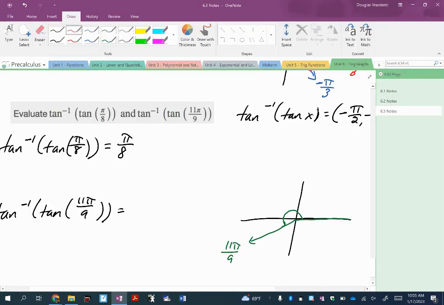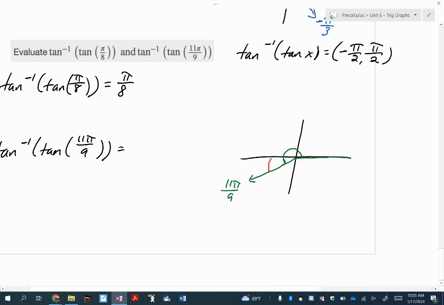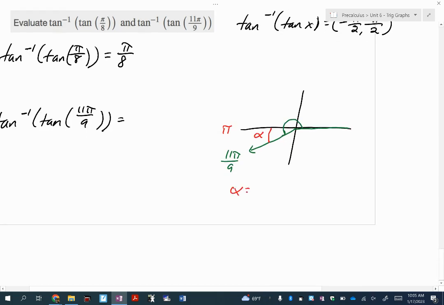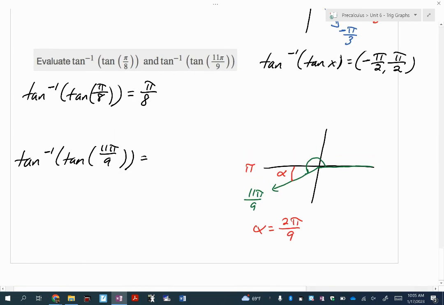And so to find the reference angle, I need to back up to pi, right? This is pi. So if I subtract 11 pi over 9 minus pi, which is 9 pi over 9, I get a reference angle of 2 pi over 9. All right, and is 2 pi over 9 between negative pi over 2 and pi over 2? The answer is yes. So the answer is 2 pi over 9.